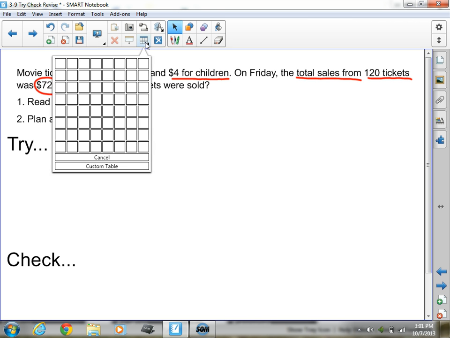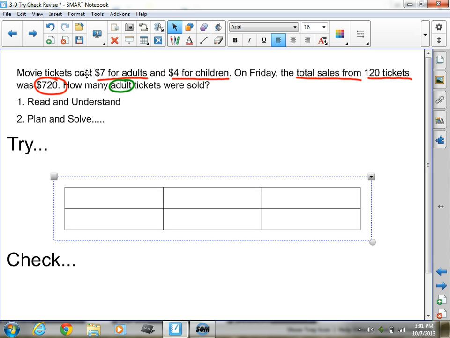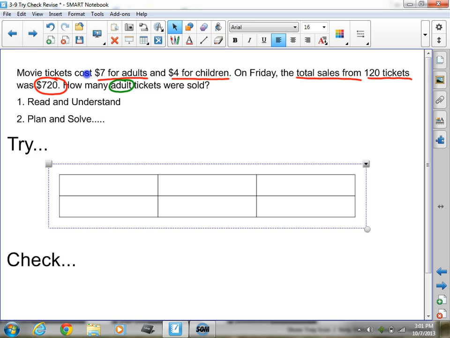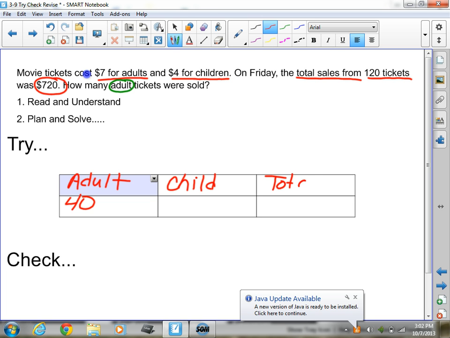That's probably one of the best ways to organize information. So in here, I have, let's say we sold 40 adult tickets. So here I have the adult tickets. I have the child tickets, because while we're not focusing on that, that is still important information. And over here we're going to have the total.